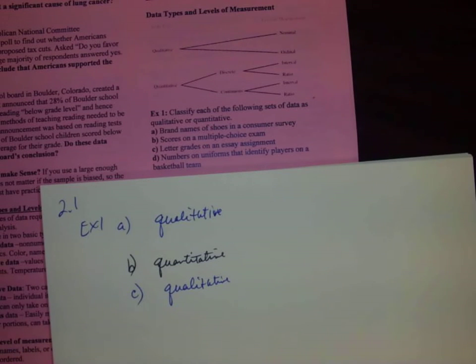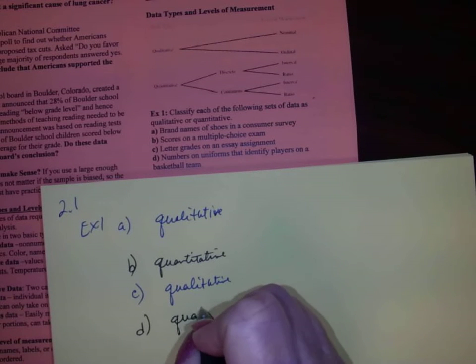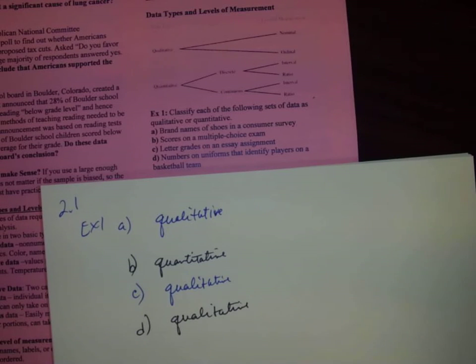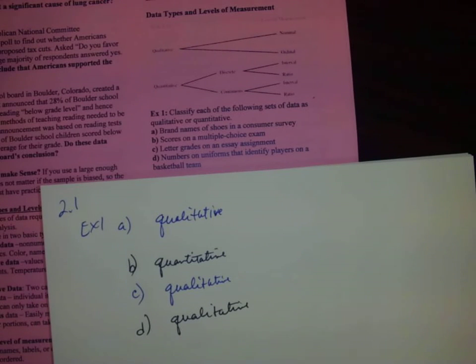All right, let's look at D. We're looking at the numbers on uniforms that identify players on a basketball team. Well, those are going to be like a label, right? So those are also going to be qualitative. They are qualitative because it's just the name. The numbers, we can't put them in a certain order.